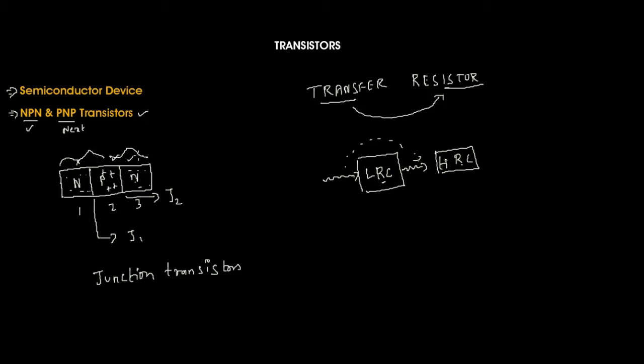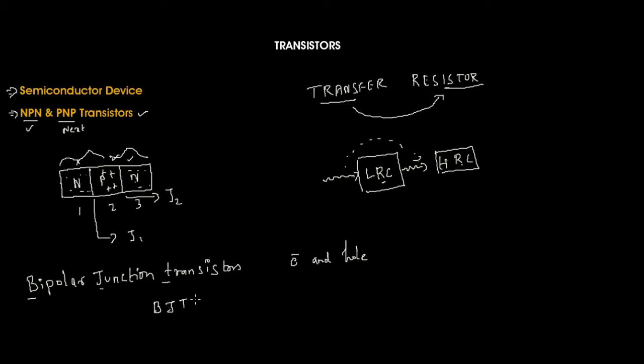So we can observe that both electrons and holes constitute the flow of current. That is why both polarities are in charge of the flow of current, so you call it a bipolar junction transistor, and shortly we call it BJT, right?